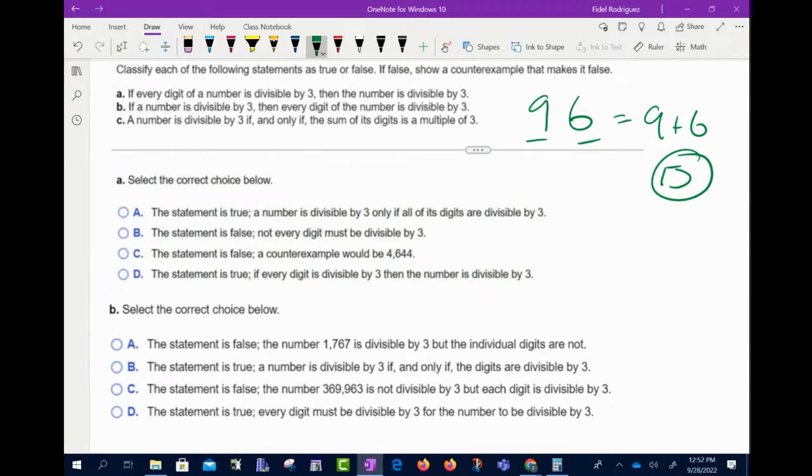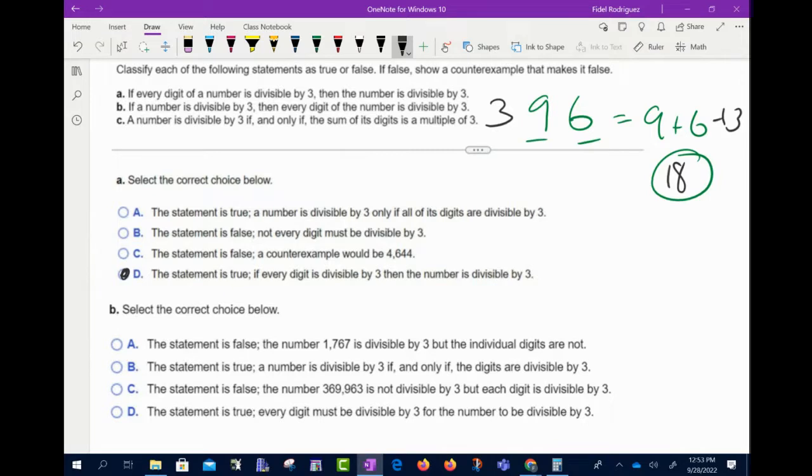Now, guys, look, if we did include another 3 here, so say 396, we would have a 3 here. That would change that to an 18, right? Which I can still divide by 3. So we know the statement is true. And the statement says, if every digit is divisible by 3, then the number itself is divisible by 3.